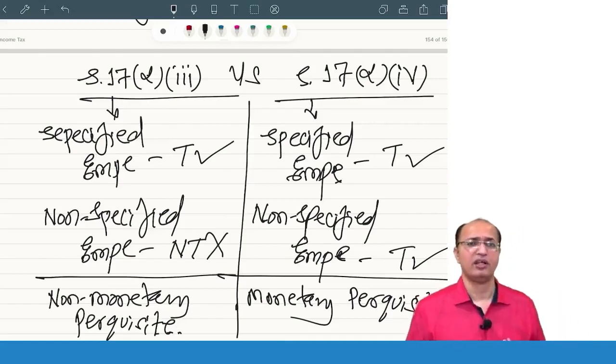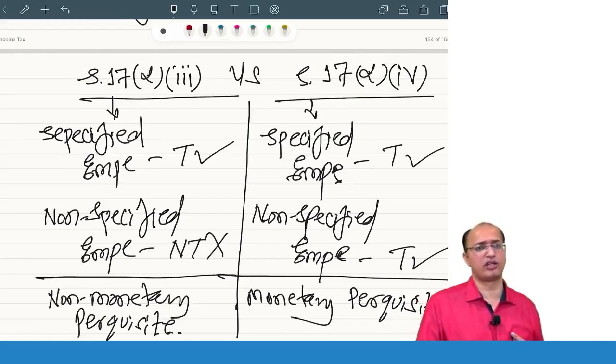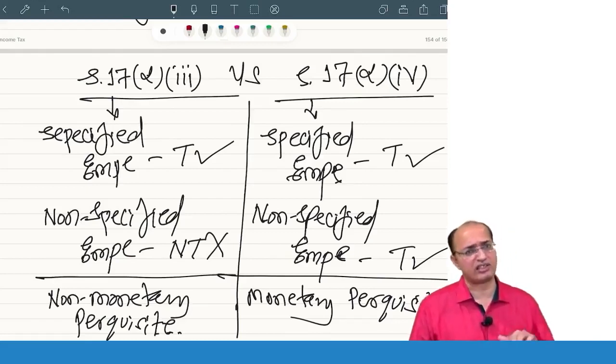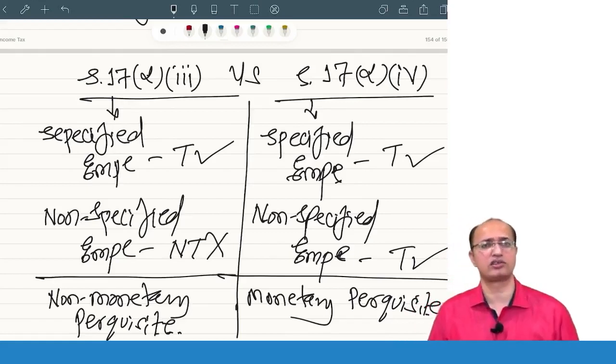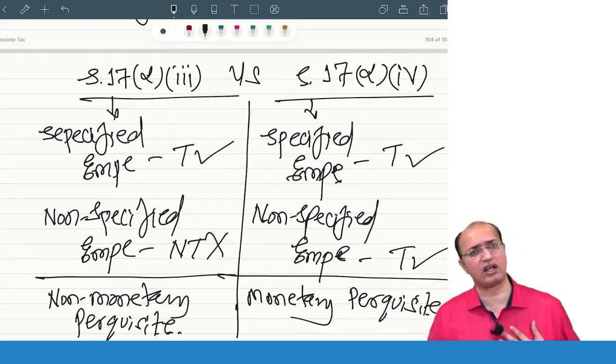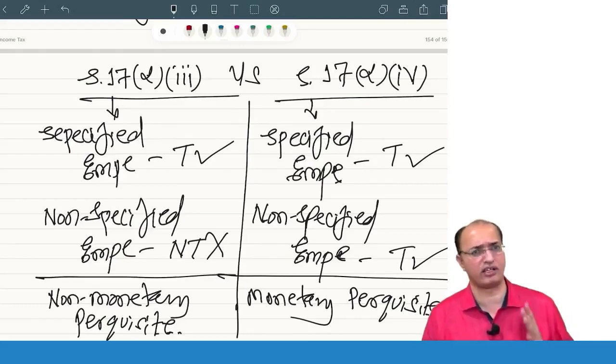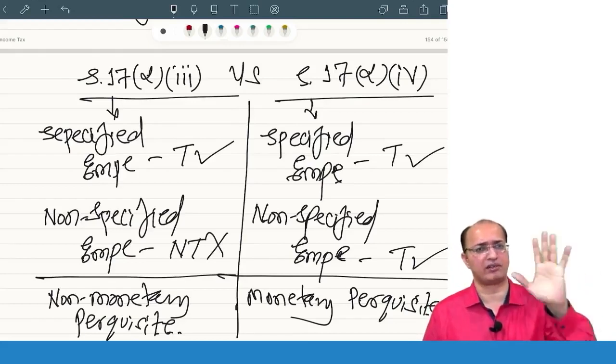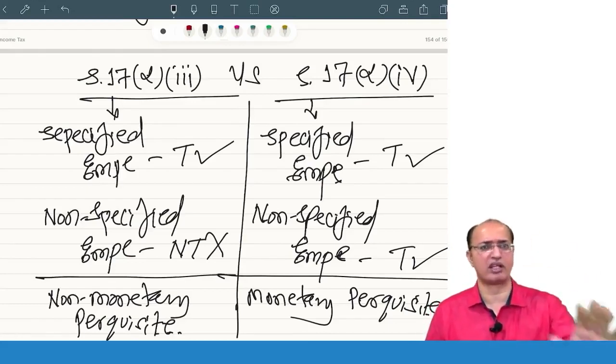Say for example, in my organization, I want to ensure that all the employees' children's education cost I am paying. So I have an intention to bear the children's education cost of my employees' children. So number one possibility, I can give them fixed allowance.